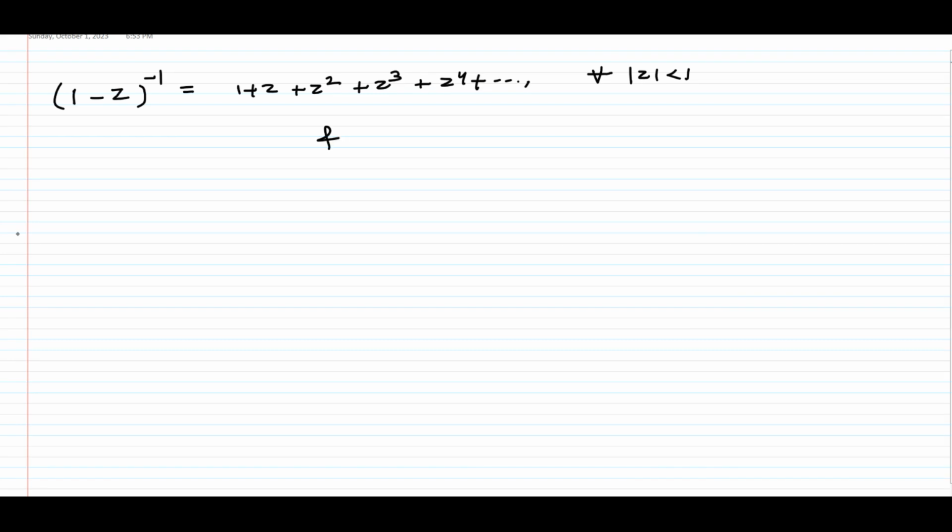And the second standard series, (1 + z) inverse, is equal to 1 - z + z² - z³ + ..., which is also convergent for all |z| less than 1. So by using these series expansions, we can expand both terms.